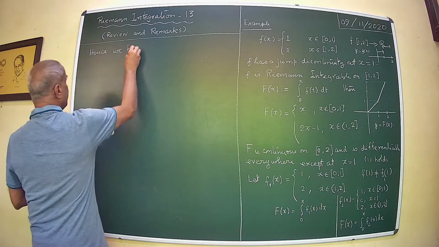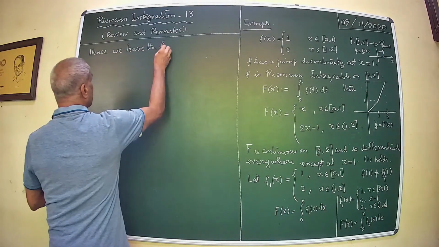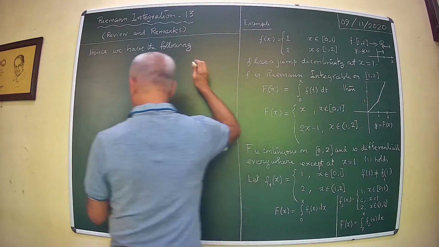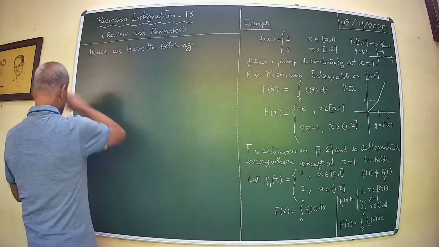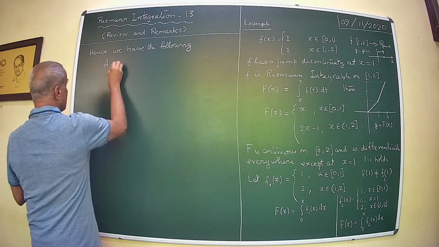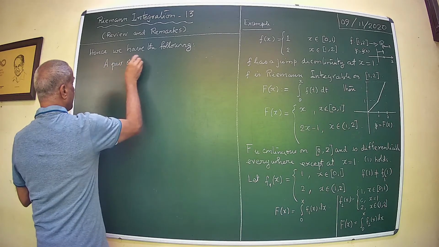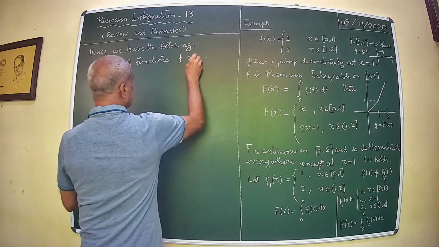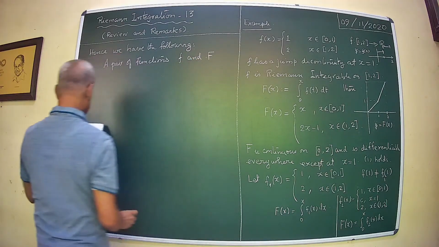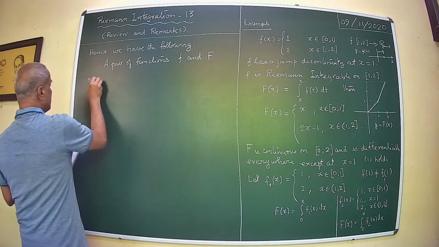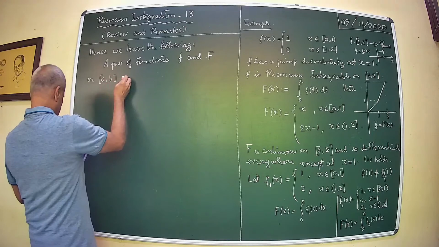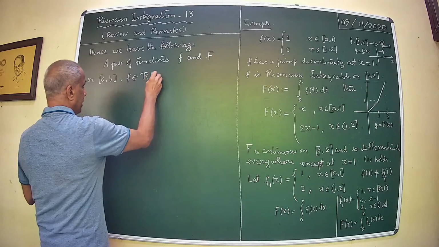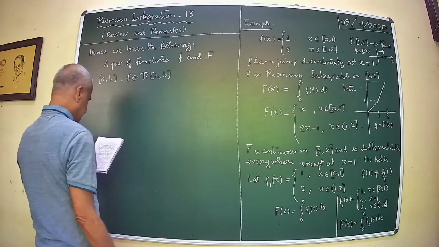We have the following. A pair of functions f and capital F on [a, b], for f belonging to the Riemann integrable class on [a, b]. This notation we introduced earlier.